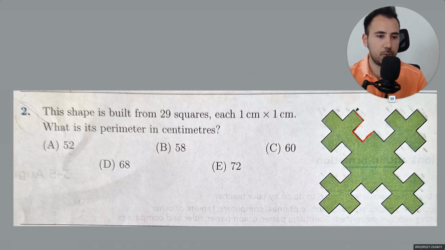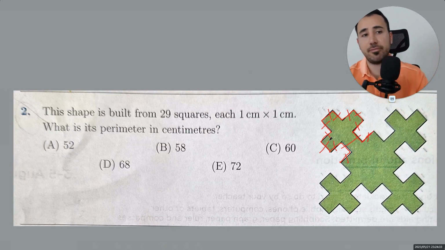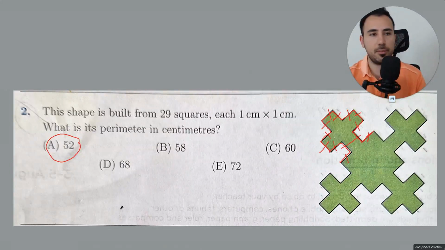We could just do the perimeter of this part, how long this part is in centimeters, and multiply this by 4. So let's count 1, 2, 3, 4, 5, 6, 7, 8, 9, 10, 11, 12, 13. And we're going to have 4 of these. So 4 13s is going to be 52.